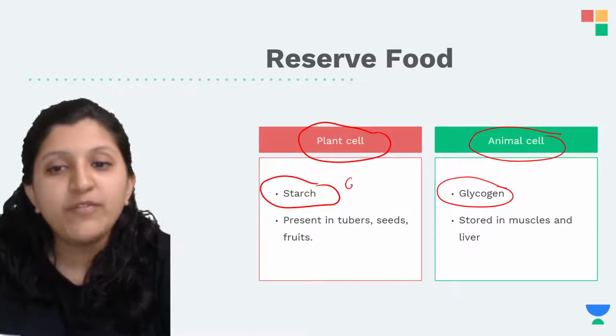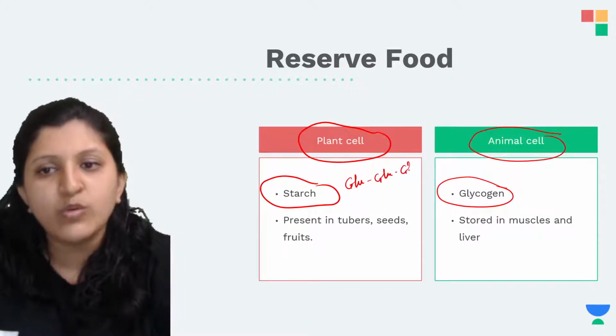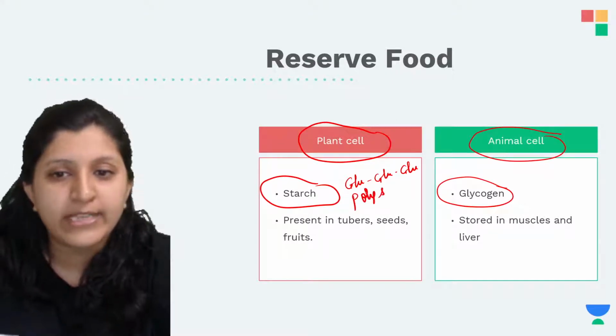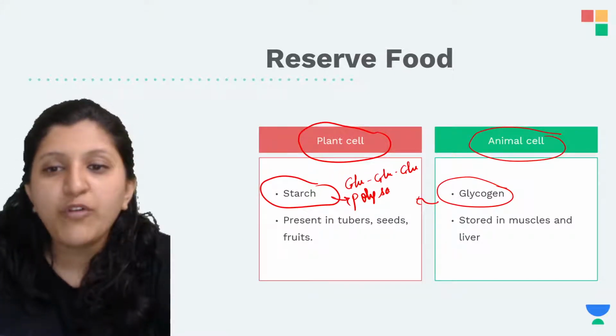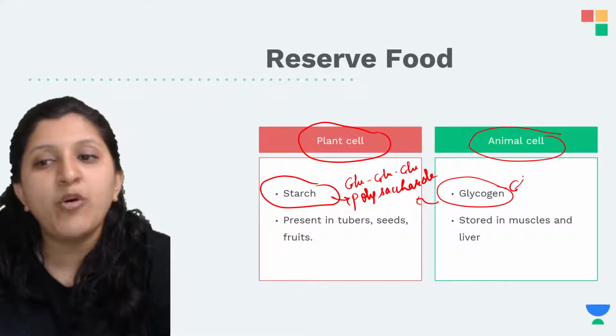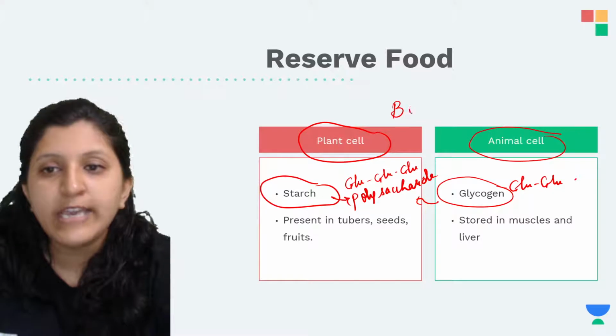Both of them are made up of glucose units only, many glucose units, because these are polysaccharides, starch or glycogen. Both of them are made up of many units of glucose itself, but the bonding is different.